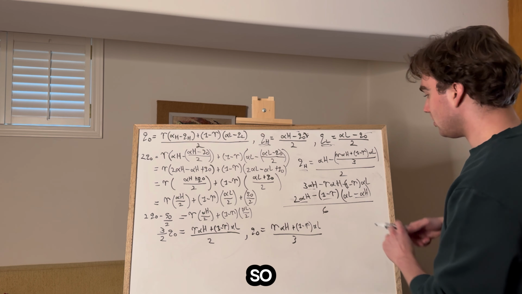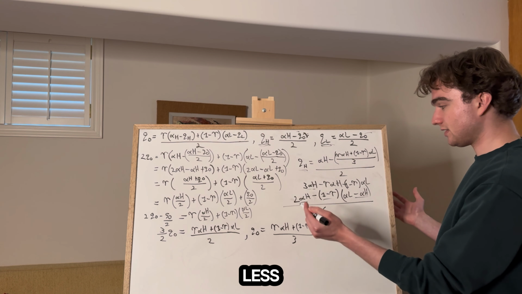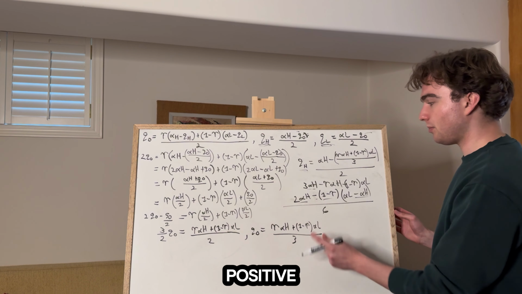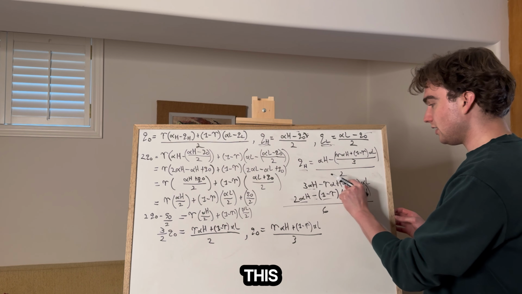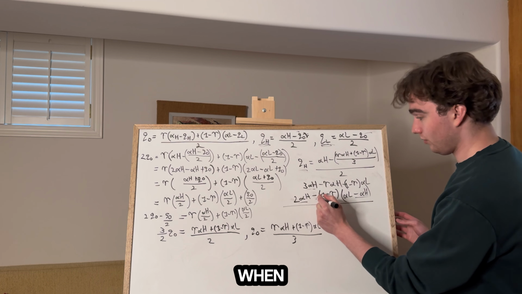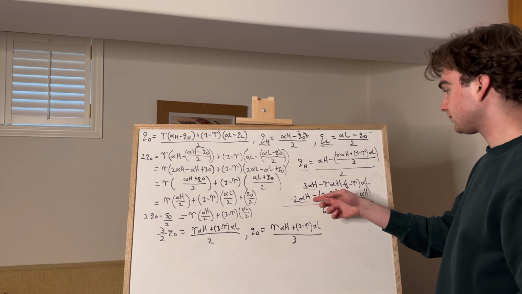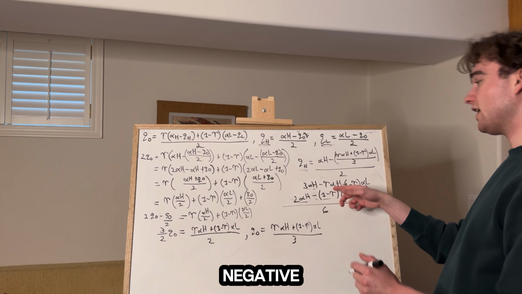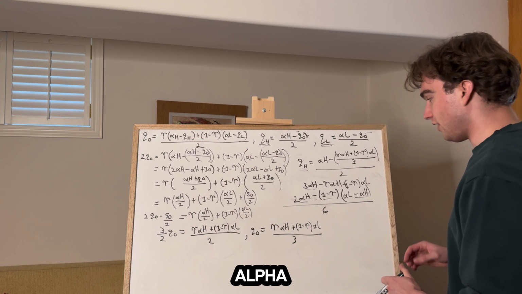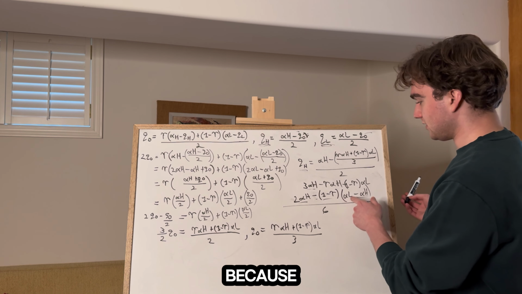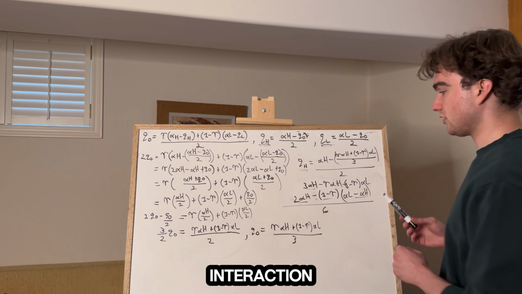So less alpha H times 1 is less alpha H, but this negative makes it positive. And then when it leaves, finally, it'll be a negative, which it is right here. And in the case of alpha L, it works out great because alpha L is positive here and there, and you've got the same interaction and the negative.